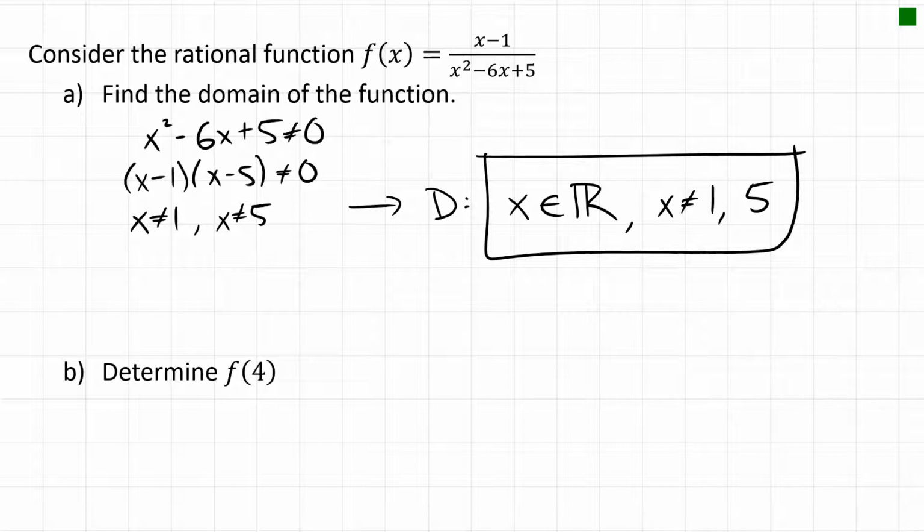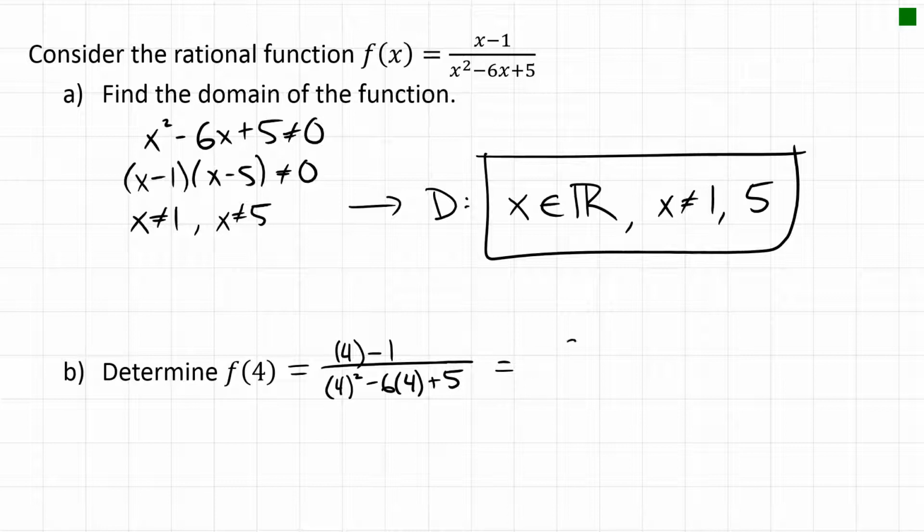In part B, if we want to find the value of the function at 4, we just have to replace x with 4. So 4 minus 1 over 4 squared minus 6 times 4 plus 5.